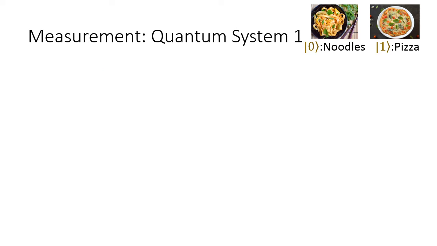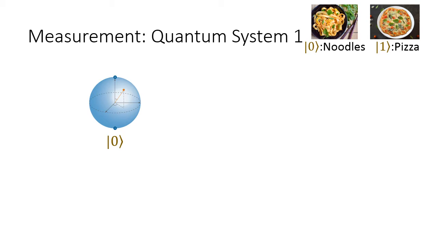Now suppose Bob wants to use a more sophisticated method to represent his preference. Bob used 0 state to represent noodles and 1 state to represent pizza. Now Bob initiates a qubit at 0 state.